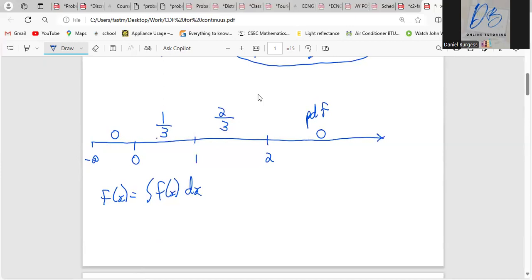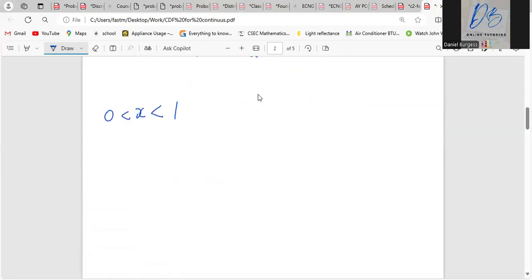So between 0 and 1, we could just plot an arbitrary x here. Once it's in between these two bounds, remember it had to start from here. In this case, the function itself started from 0. So that's where you started, right? So the probability of X being less than or equal to x will be 0, and then you have 1 in between. So how it will look, I'll write it.